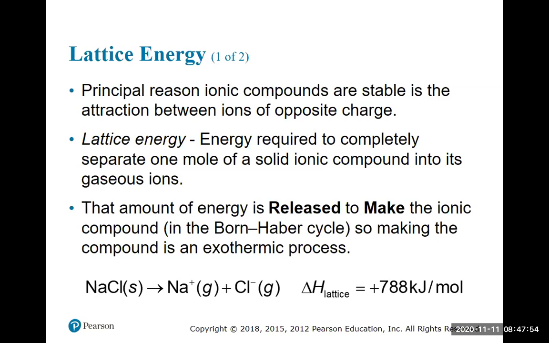So if we're decomposing the ionic compound, that's an endothermic process because we have to put energy in. If we're making it, we need to change the sign on that delta H lattice value to reflect that it's exothermic. So in this case, it would be minus 788.